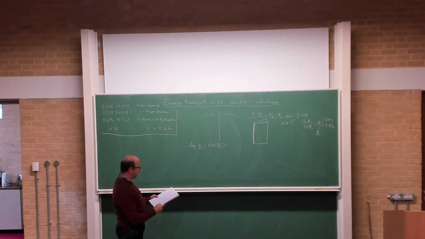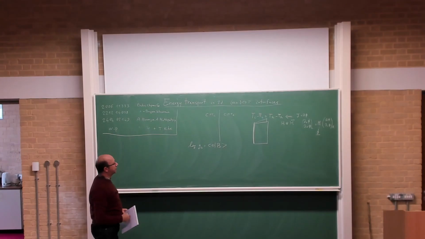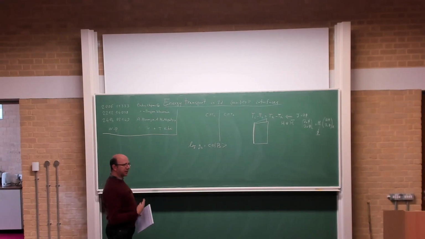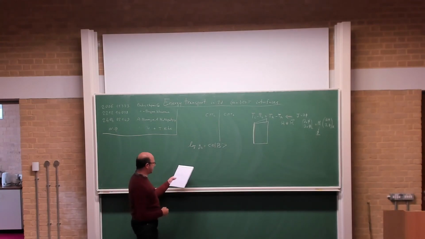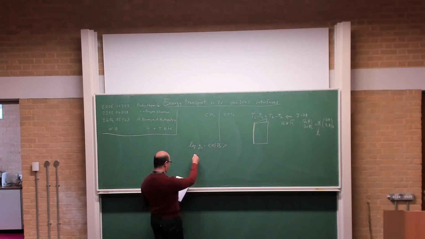So this contains some information. Intuitively, one can think that it should characterize the number of degrees of freedom that are present on the interface, but it's not quite like that, because this is not an integer number. It can be any real number.